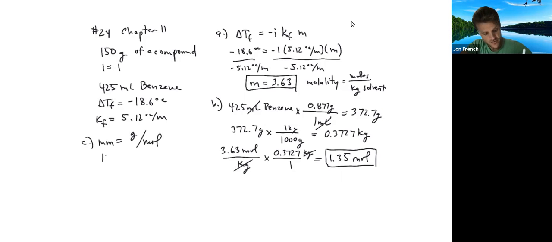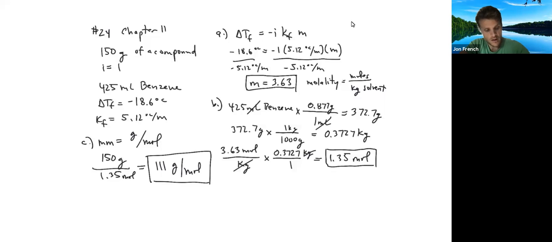We have 150 grams of that sample, and that represents 1.35 moles of this substance. So if we divide 150 grams, our total mass, by how many moles that mass represents, we can come up with a molar mass. 150 divided by 1.35 gives us 111 grams per mole.